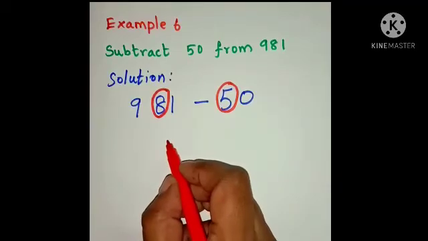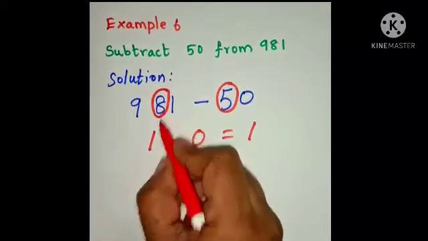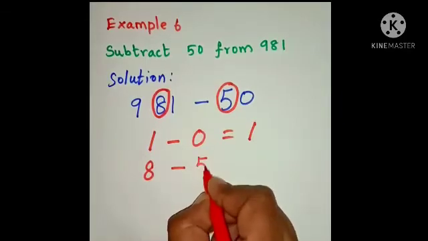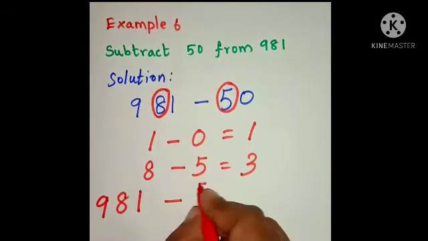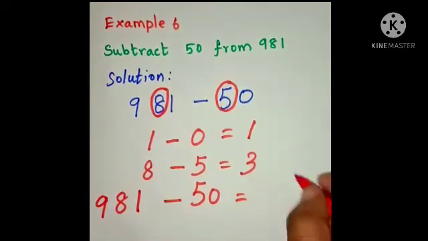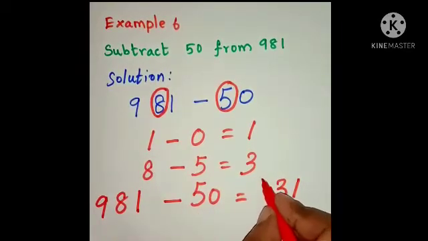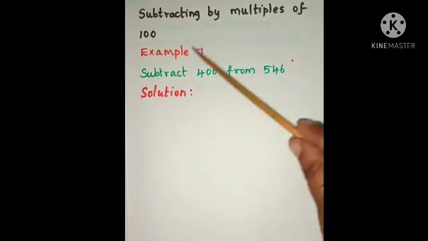So, subtract ones place. 1 minus 0 is 1. And subtract the digits which are in the tens place. 8 minus 5 is 3. Thus, our answer is 981 minus 50 gives, in the ones place we get 1. In tens place we get 3. And there is no change in hundreds place. The answer is 931.